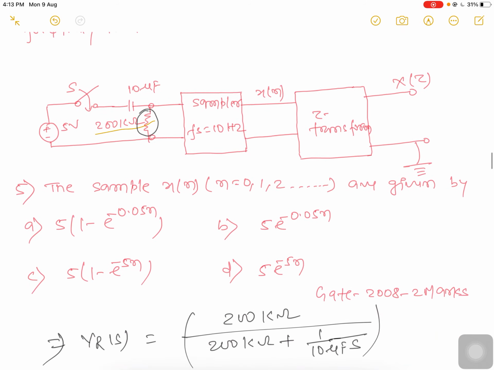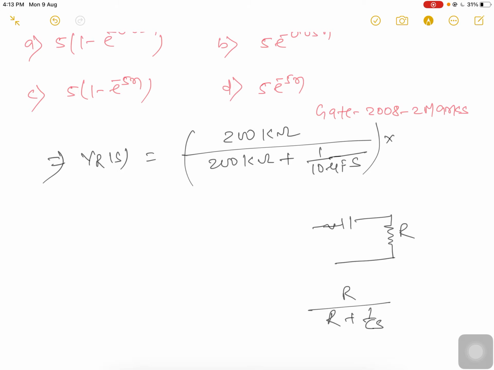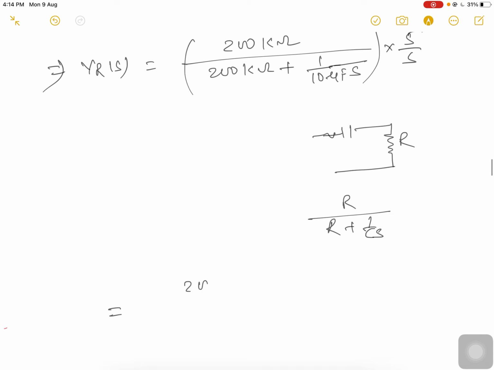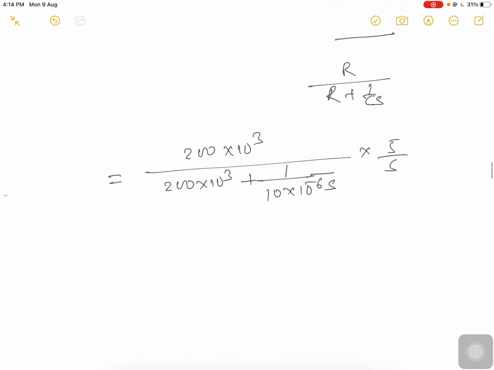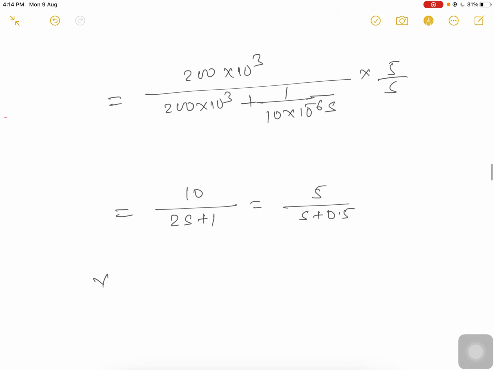Here is the input, 5 volt is given, a unit step, so 5 by S. So here 200 into 10 to power 3 upon 200 into 10 to power 3 plus 1 upon 10 into 10 to power minus 6 into S, into 5 by S. Okay, so the overall transfer function will be 10 upon, after simplification we will get 2s plus 1, equal to 5 by s plus 0.5.